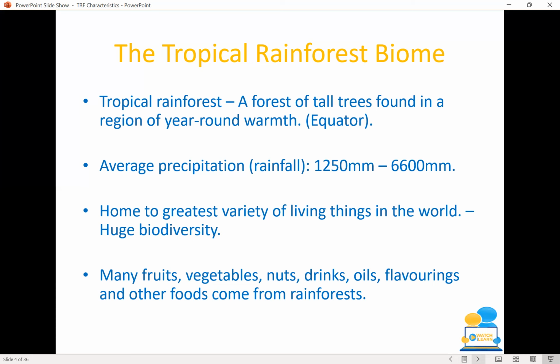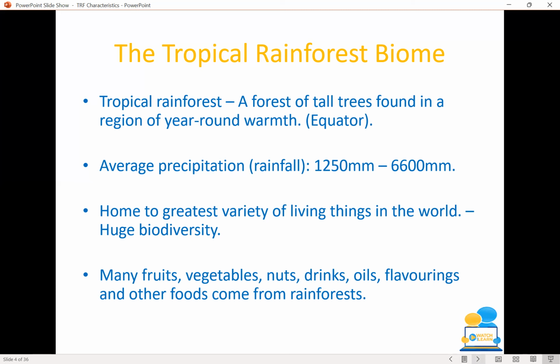And as we're going to see, that is a huge problem at the moment, as the rainforest is coming under a lot of pressure due to illegal logging because of the amount of resources found within it, and it's going to cause a huge amount of issues for the earth as a whole if this is allowed to happen.